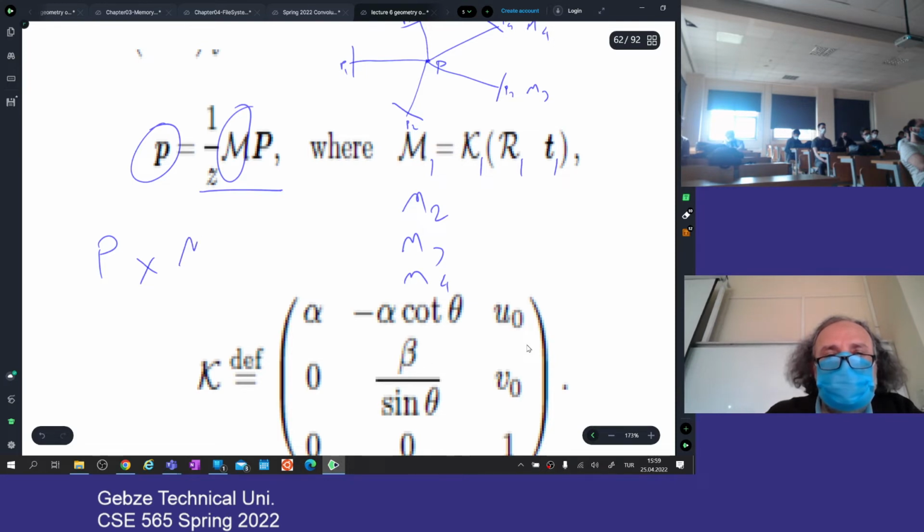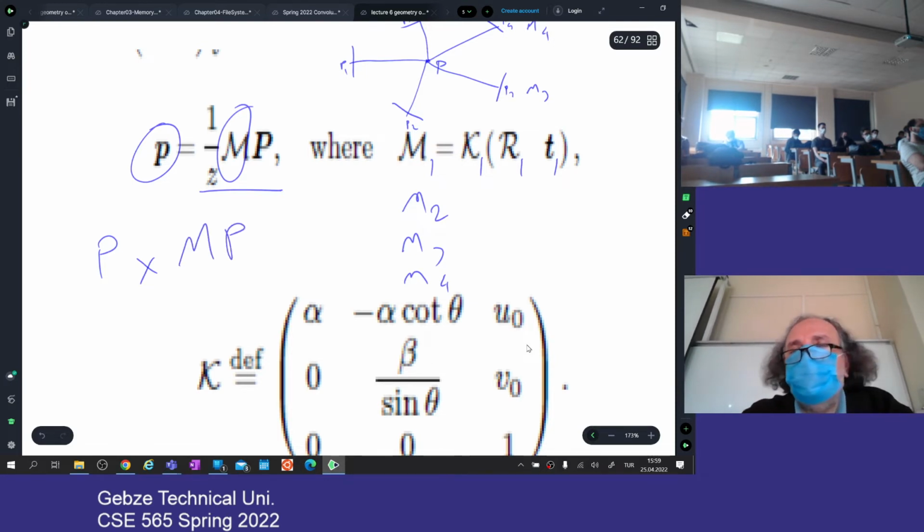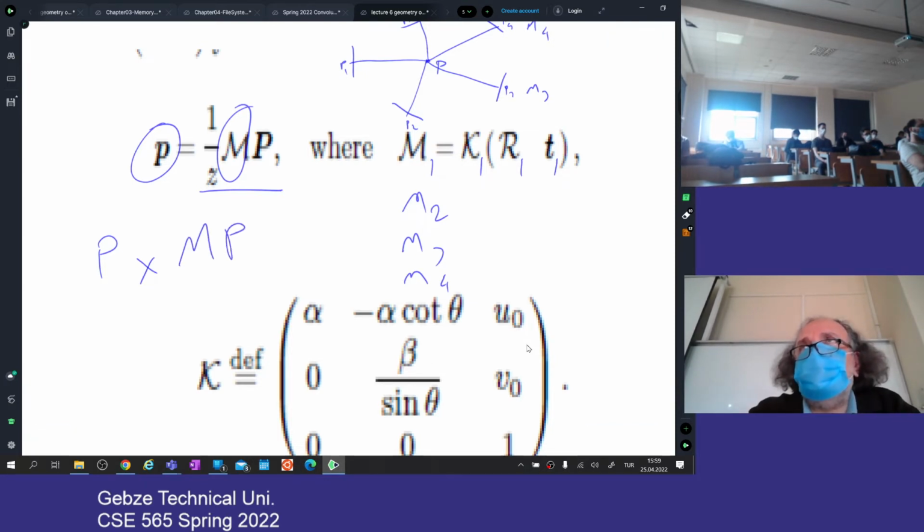P cross product MP. If you cross product the same thing with itself, you would get what? Remember the cross product formula?